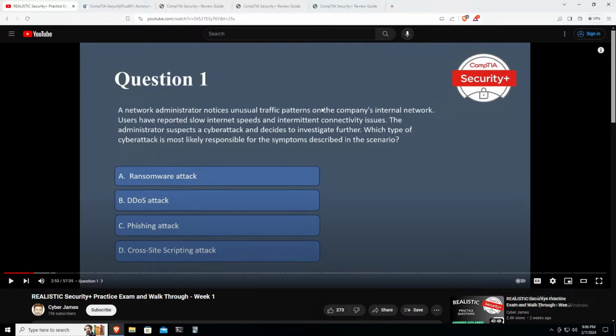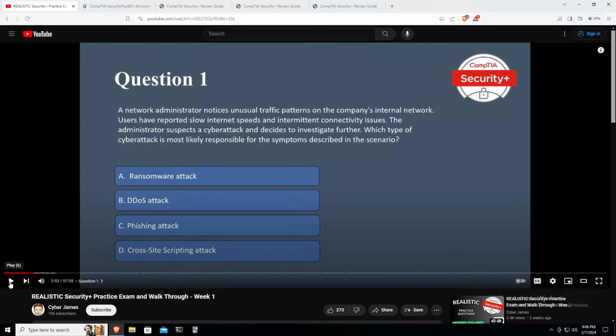What I mean by multiple angles is a mass of connections spamming the web server, causing it to slow down, causing performance to not be as it should be. So I think the correct answer here is B, a DDoS attack.